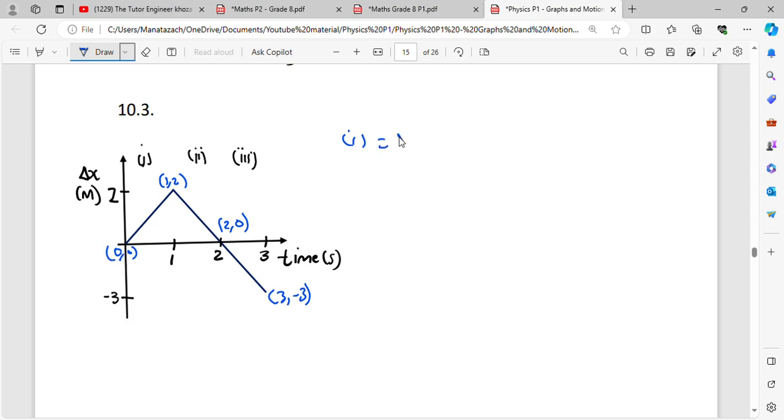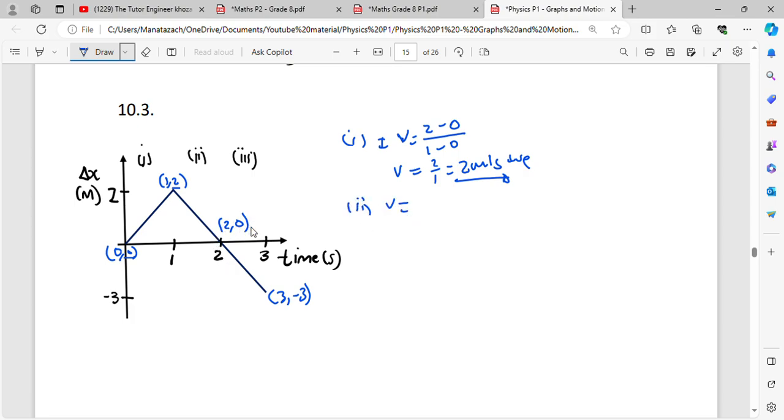So the velocity for the first section is 2 minus 0 divided by 1 minus 0. You'll have 2 over 1, which is 2 meters per second in the positive direction.